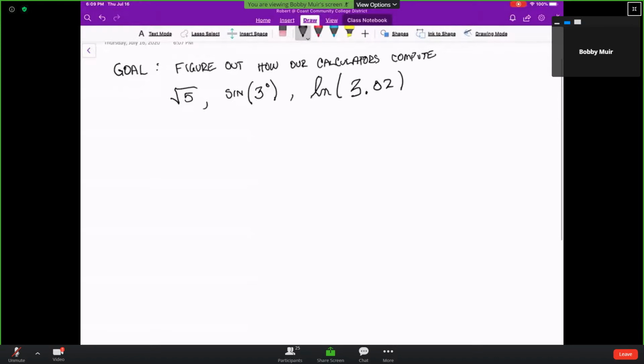Okay, so we're going to start with 11.1 talking about sequences. Now there's a few different definitions that we can use for sequences.